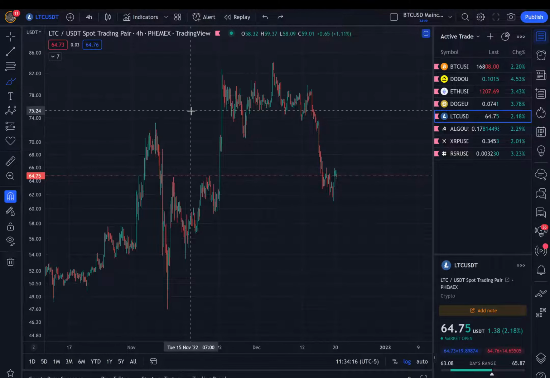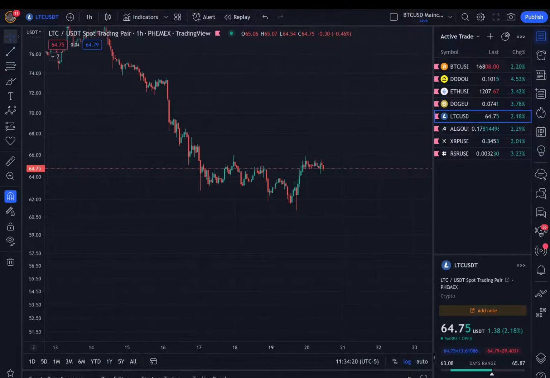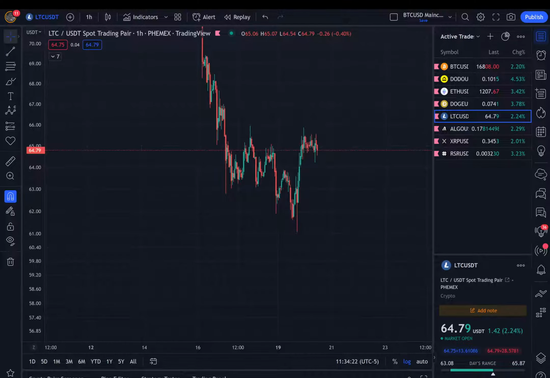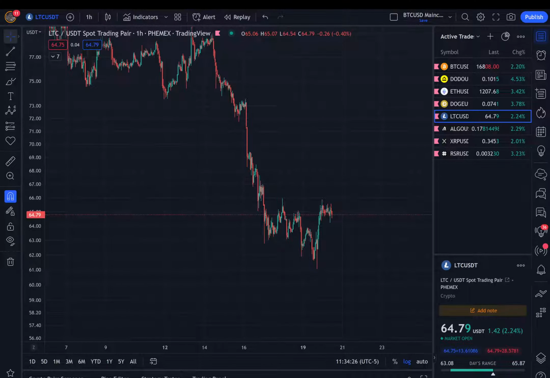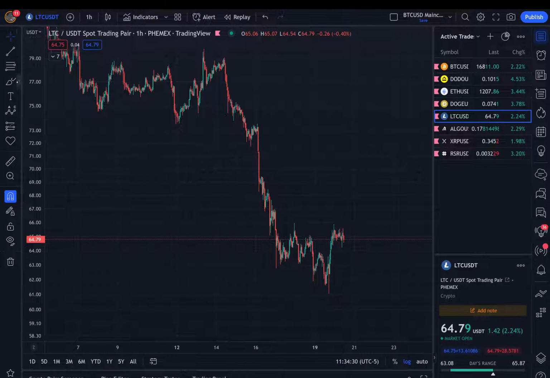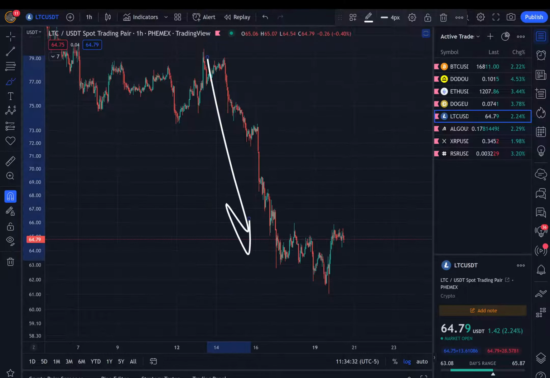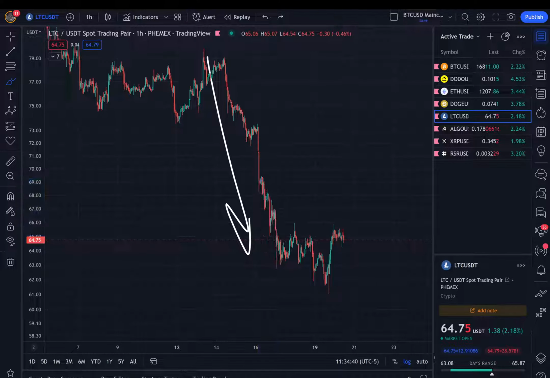Now, if we zoom in on the hourly time frame, what do you see? It looks to me like this impulse to the downside ended in an ending diagonal, okay? So, like this, right? Ending diagonal.